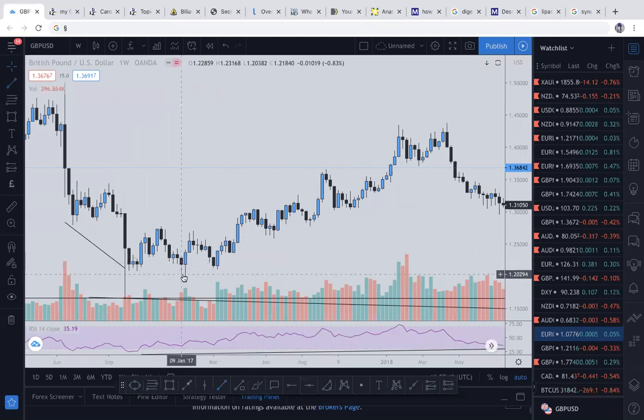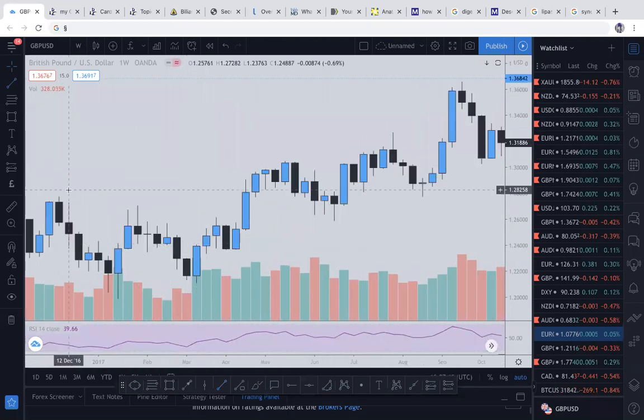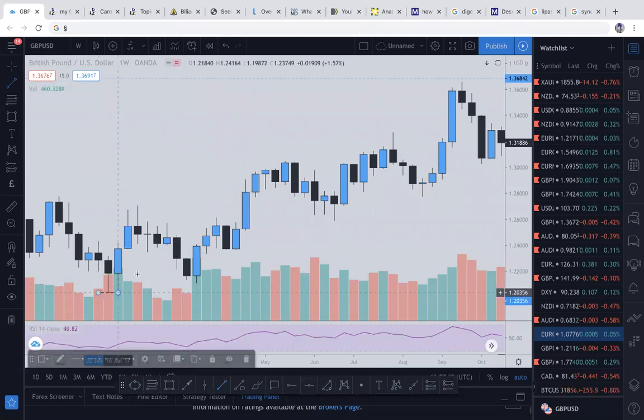Before price was about to go up here, what happened? We swept liquidity. Before price was about to go up here, what happened?